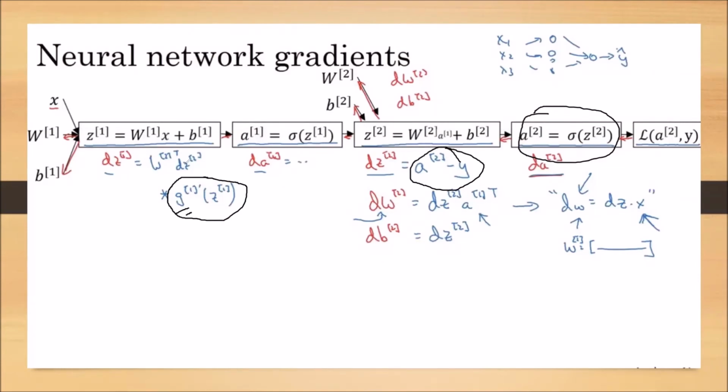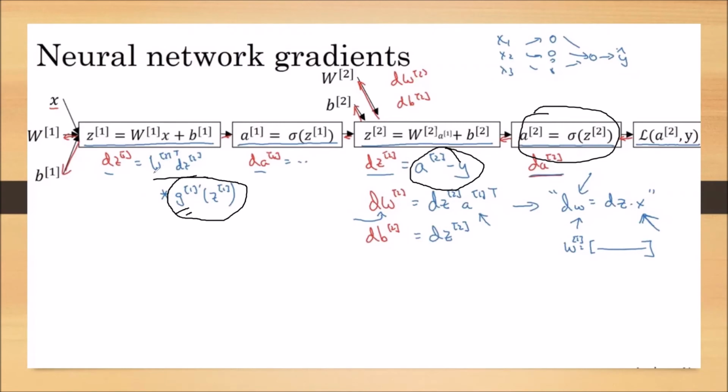Now, similarly, when we are calculating the differentiation dz, remember this dz is a combination of these two products that I am taking together. For the time being, if you don't understand, remember this: dz1 is the product of the next layer's W2 transpose and dz2.